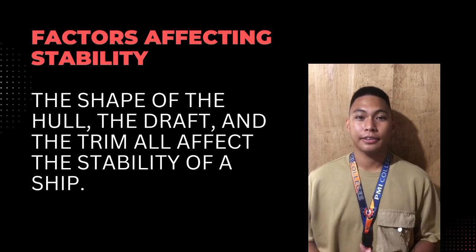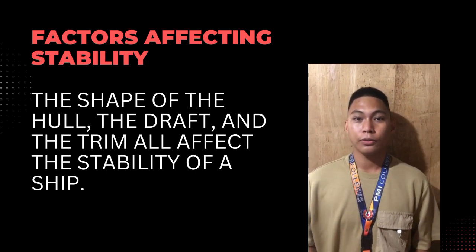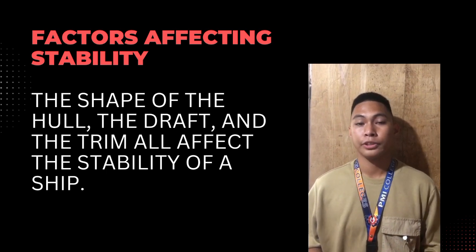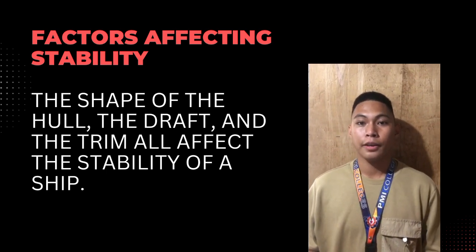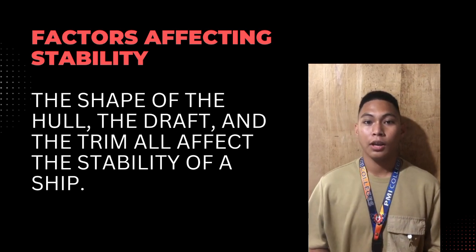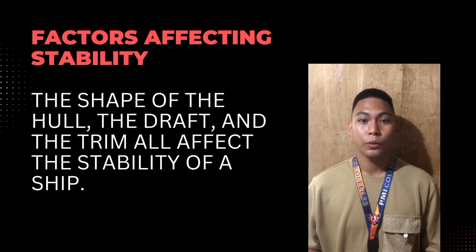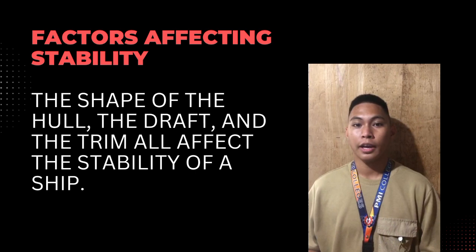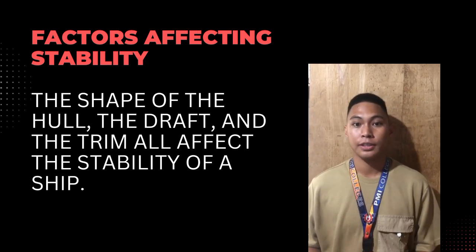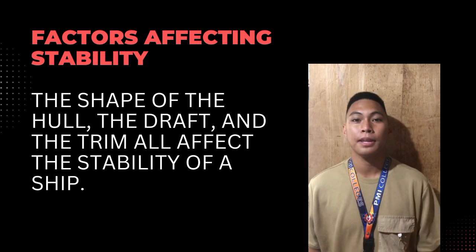Last is trim. It is the longitudinal tilt of the ship, or bow up or stern up. An uneven trim shifts the distribution of weight and buoyancy along the vessel's length, which can alter the position of G and B. Proper trim ensures balanced forces and maintains optimal stability.